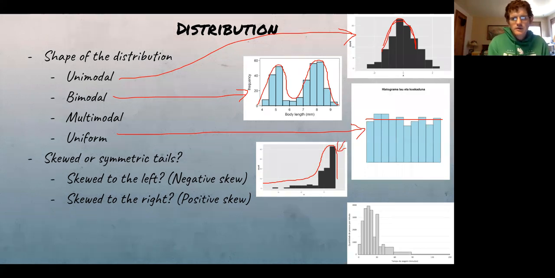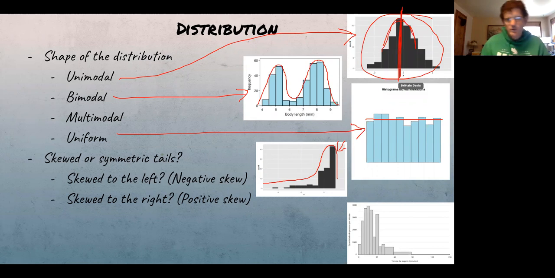It's unimodal, but it definitely has all these values that are kind of lower. So when you have it, and let's compare it to this one up in the corner, this one seems to be symmetric. If I drew a line right here, I could almost reflect those bars onto themselves.